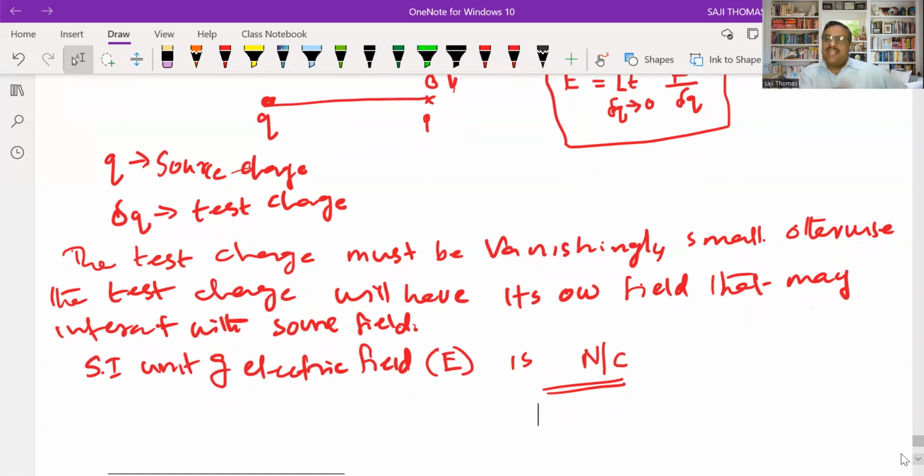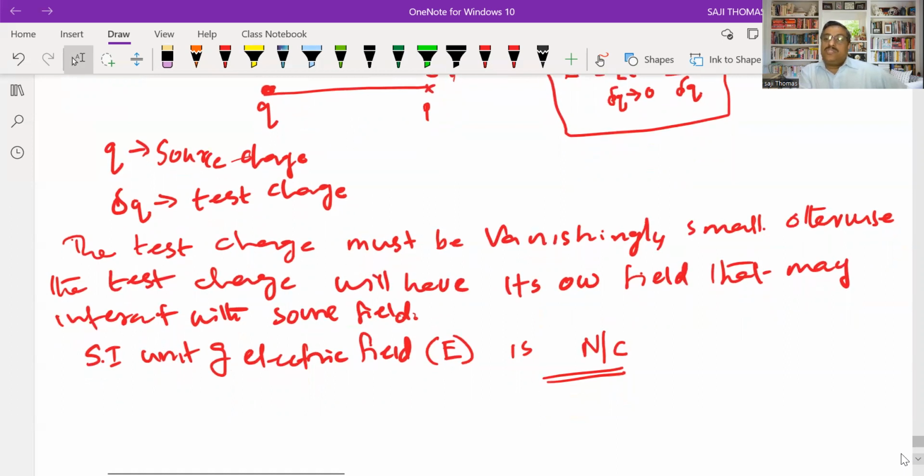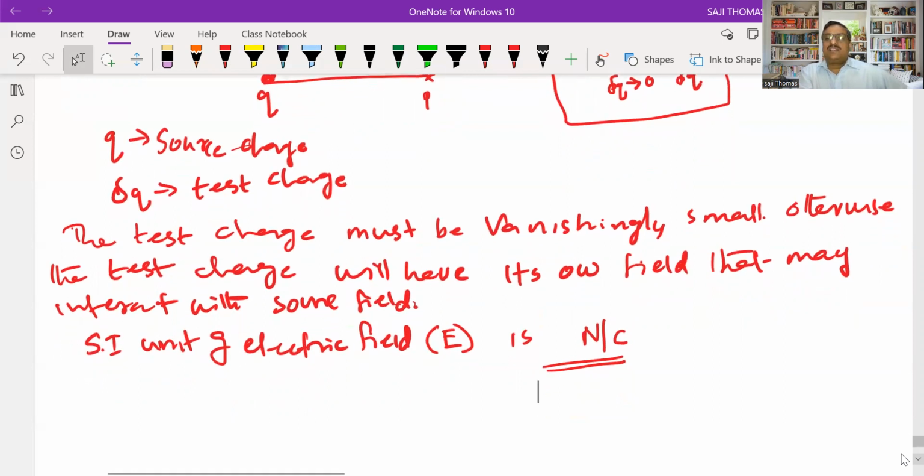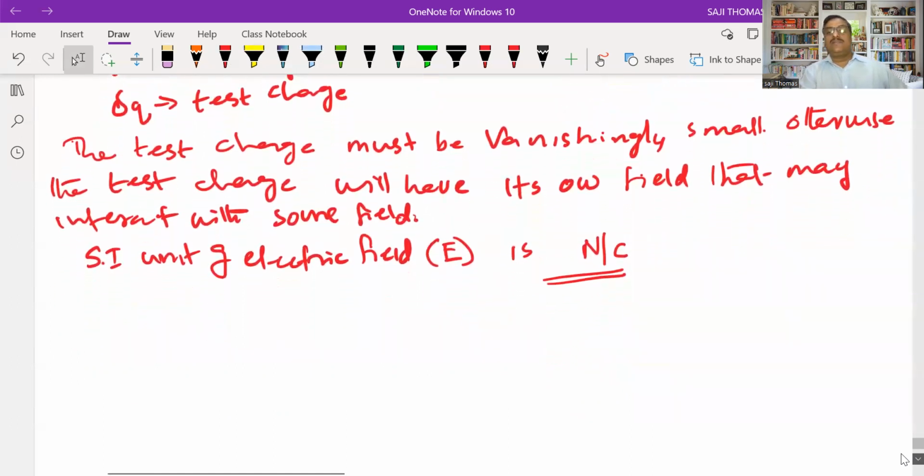Okay. And it has direction. And what is the direction? For a positive charge, electric field is directed radially away from it. For a negative charge, electric field is directed radially towards it. It is important. You have to remember.